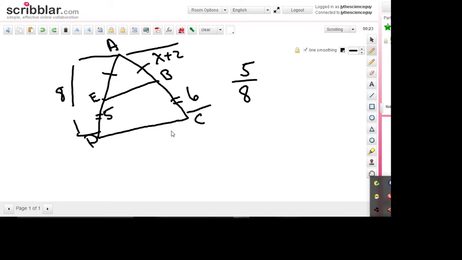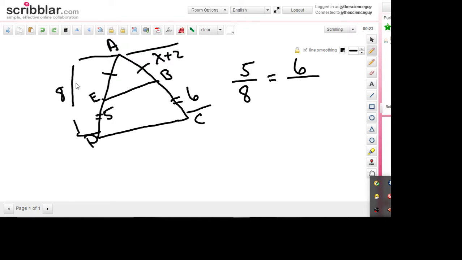Okay? Now, if I want to figure out what this x is, I'm going to do the exact same thing. So where that 5 is, what number is the same as that 5 on the other side of the triangle? The 6. So I'm going to put the 6 there. And then the 8 would be what side?